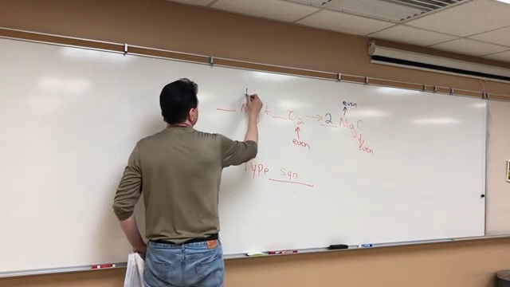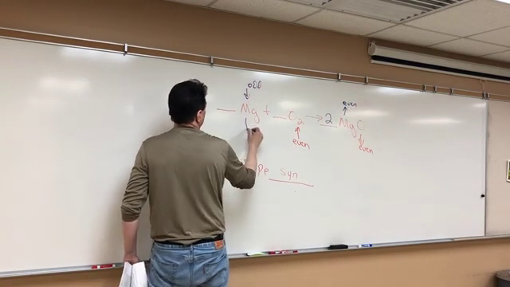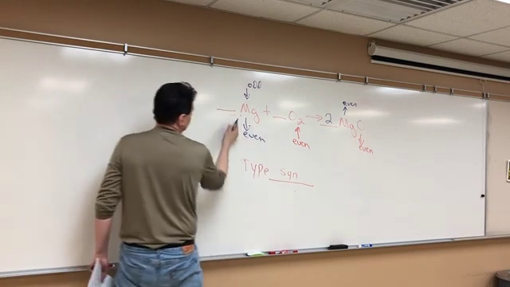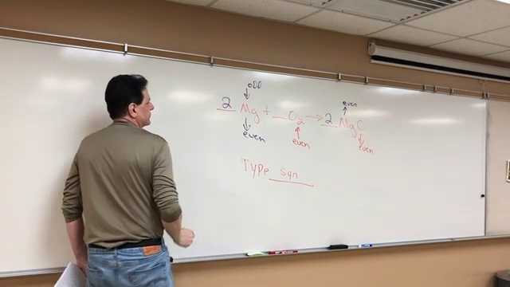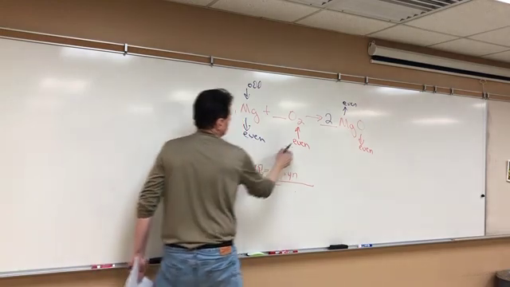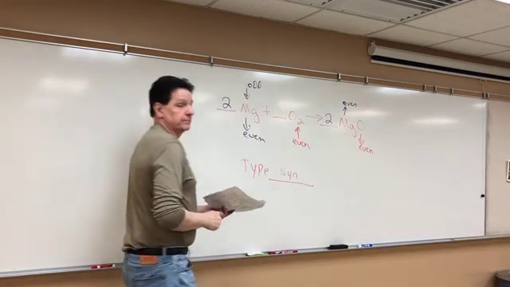So I have to make this Mg, which is odd, but I got to make it even. To make this even, I have to insert a 2 there. Even, even, even, done.